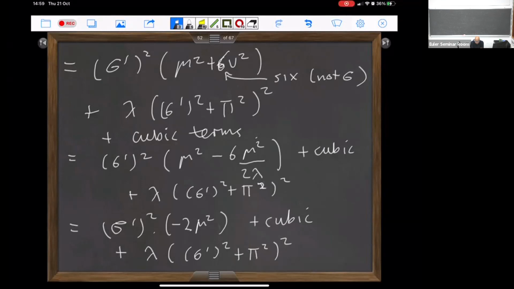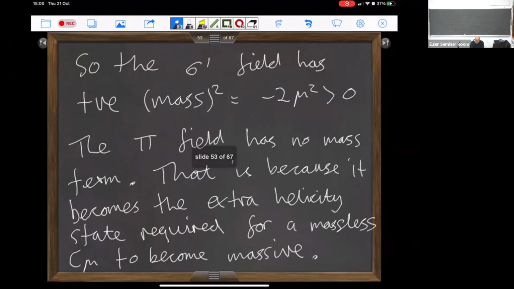And since mu squared is negative, this is a positive mass squared term. So in other words, sigma prime is a massive fluctuation in this system. And then you've got all the other terms. All right, well, that's what I've said here.